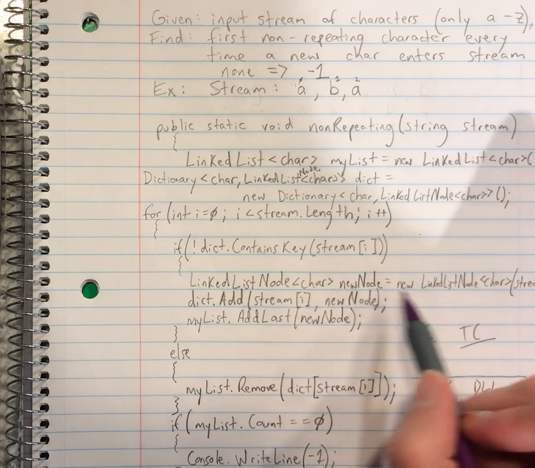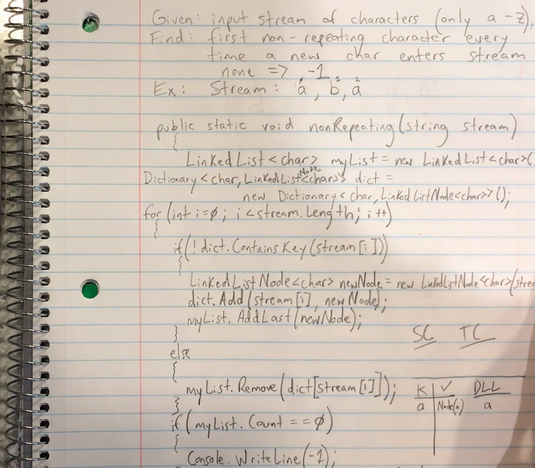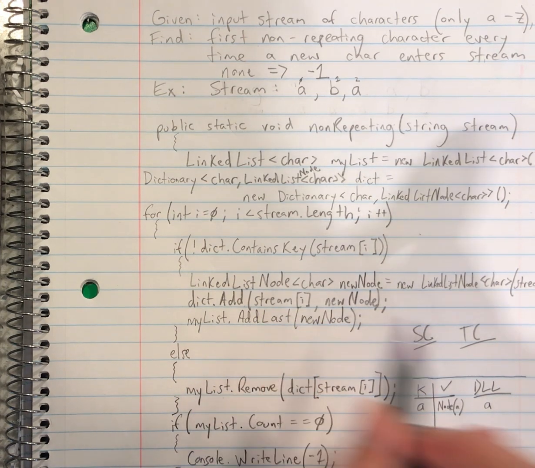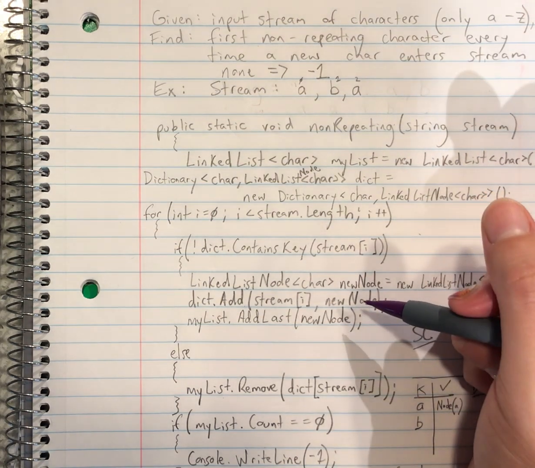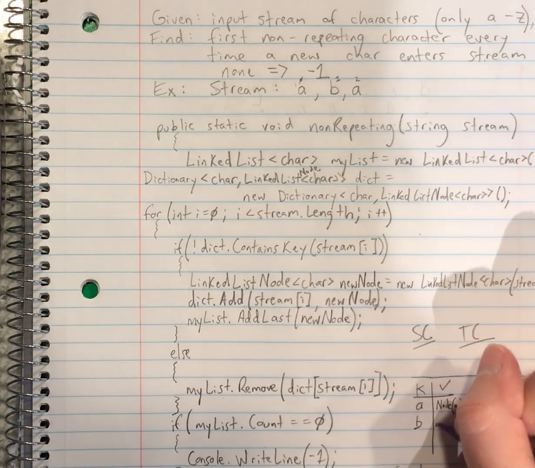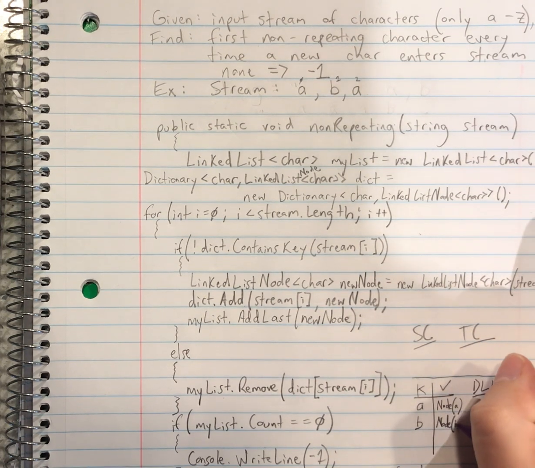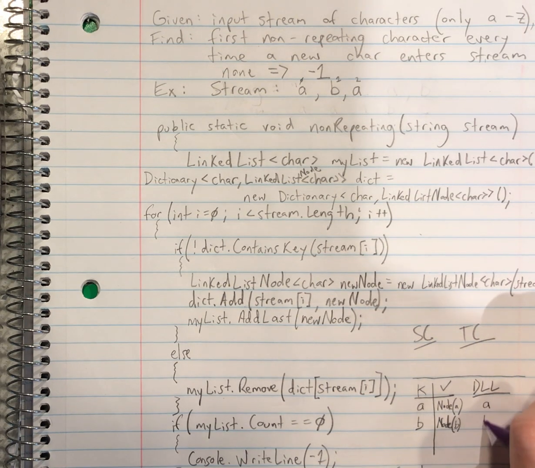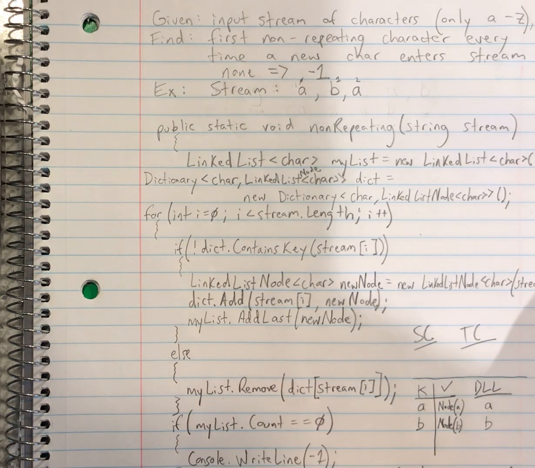A new node is created with the value as B. B is added as a key into the dictionary, and the node location of B is added as the value for that key, and then B is added last in mylist.